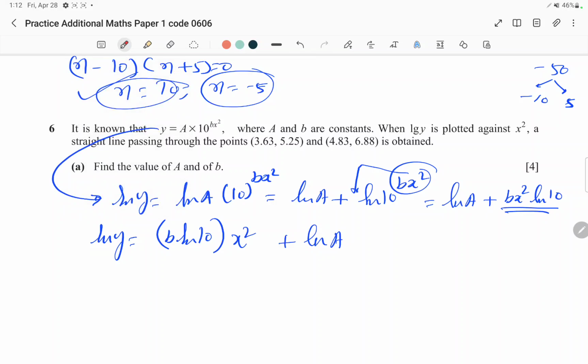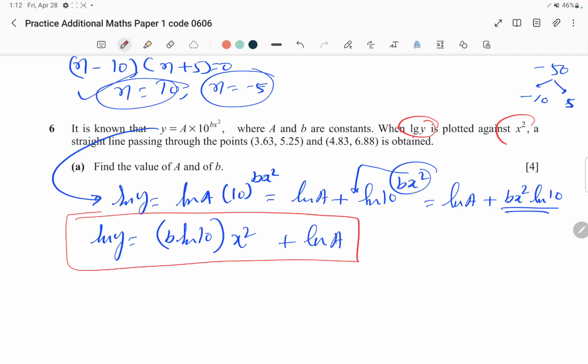Okay, now I got this. So finally my question was, when log y, oh, it's log y. Guys, it's log y, it's not ln. So what you can do, instead of writing ln, just replace ln with log.